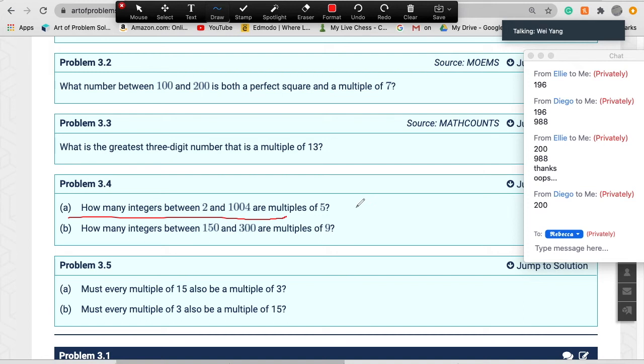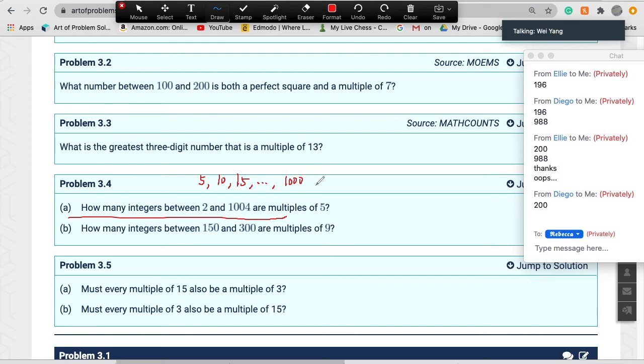To solve this problem, first you need to find the smallest multiple of 5. That will be 5, right? Between these two numbers, the first will be 5, the second will be 10, the third will be 15, and so on. The last one will be 1000.